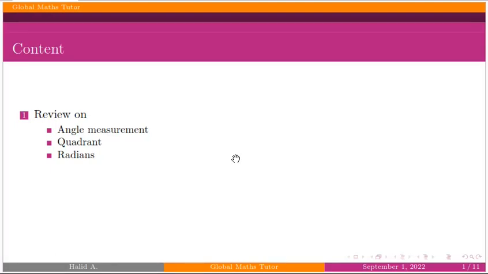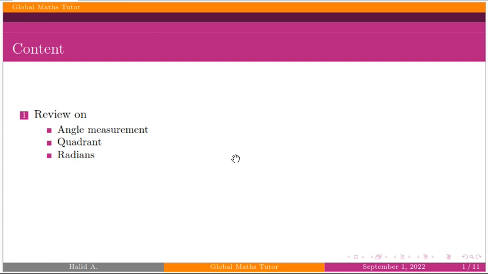In today's lecture, first we're going to review how to measure an angle, what a quadrant is, and how we identify it. Then we are going to see what radians are and how to measure angles in radians.